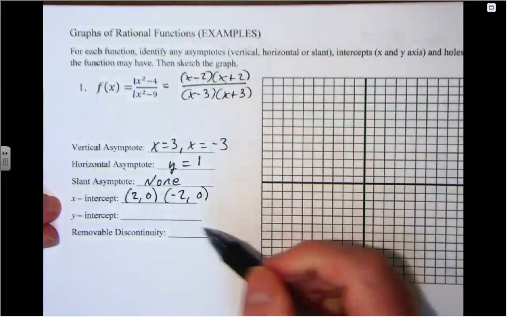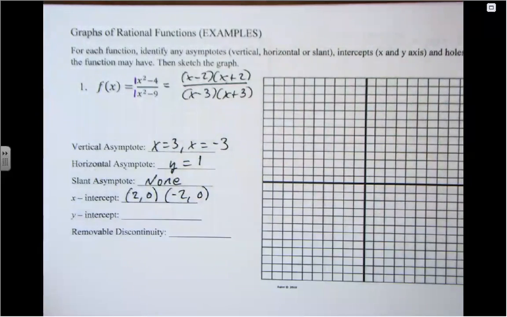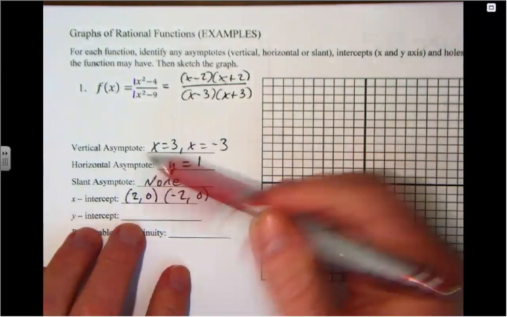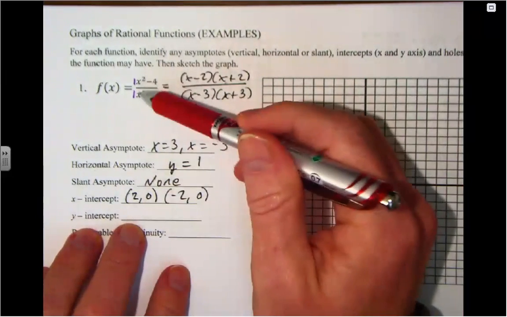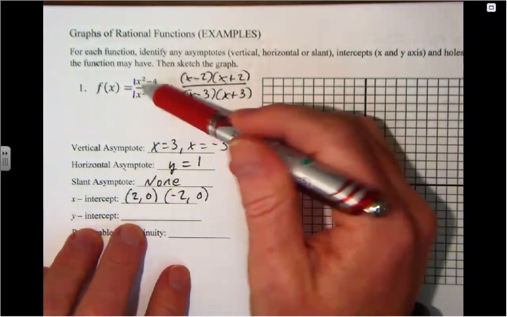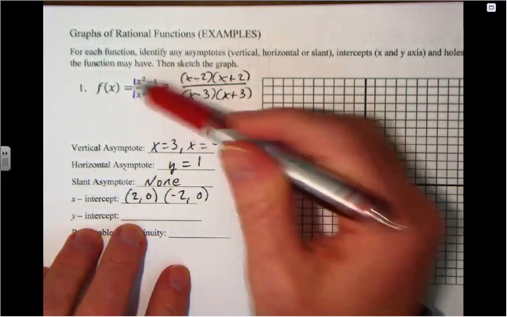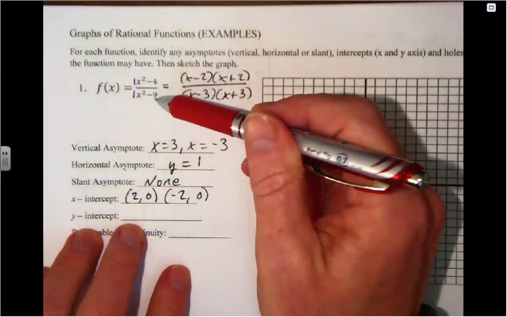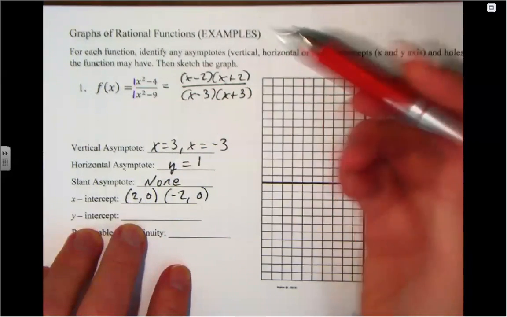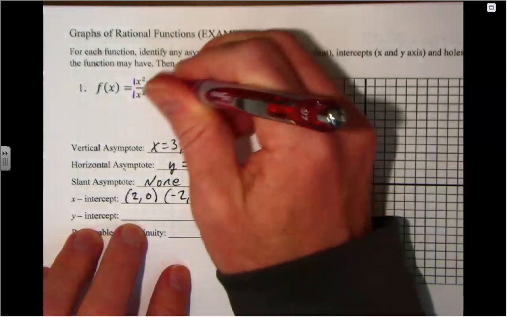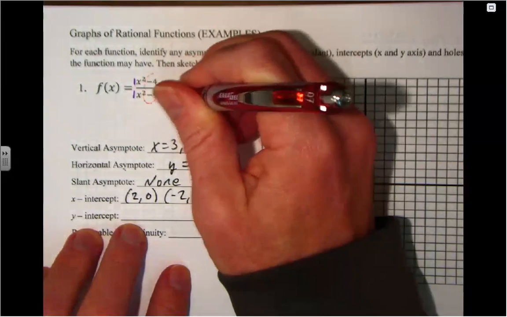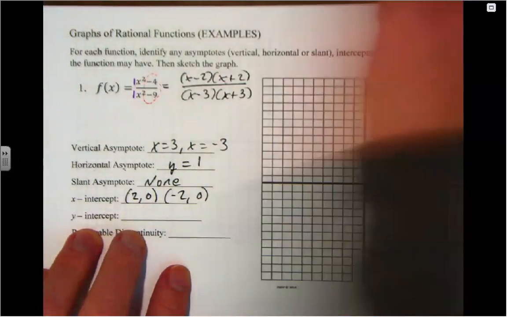For the y-intercept, there's two ways you can think of it, and use whichever one is easier for you to remember. You can plug in 0 for all the x's, so all of the x's go away, and you're left with -4/-9. Or you can just remember it as the ratio of the constants, so in this case -4 over -9.